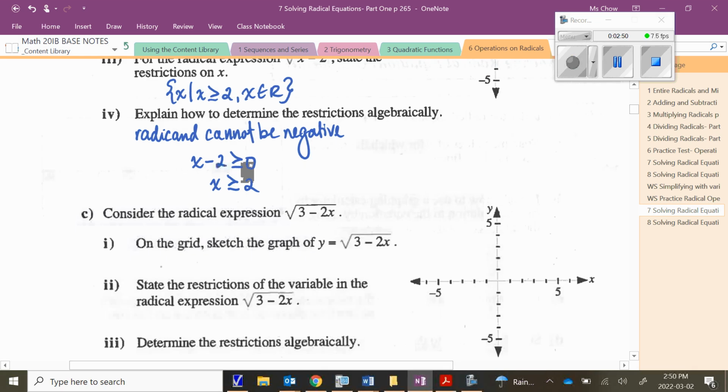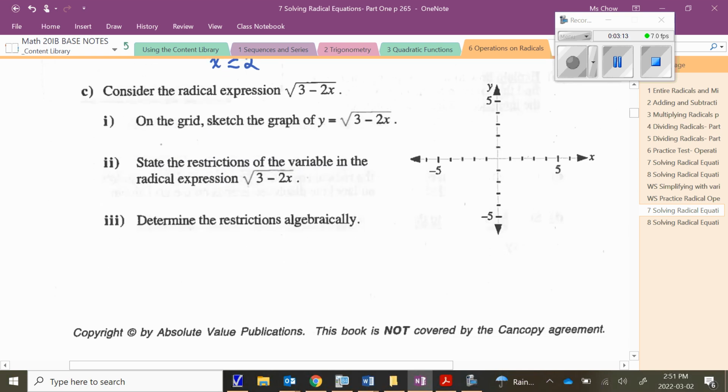Well, our radicand, that x minus 2, cannot be negative because we cannot take the square root of a negative, and thus we can set up an inequality that x minus 2 must be greater than or equal to 0. And solving an inequality, just like solving an equation, we add 2 to both sides, so x is greater than or equal to 2.